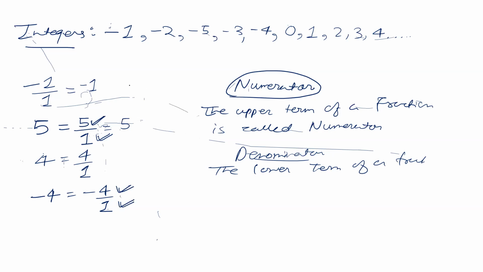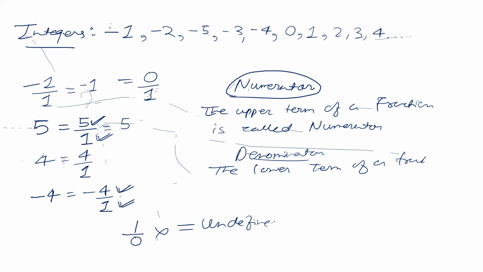Even we can write 0 like this, 0 upon 1. There's no issue in writing that. But 1 upon 0 is wrong, because the value is undefined. No number can be divided by 0.